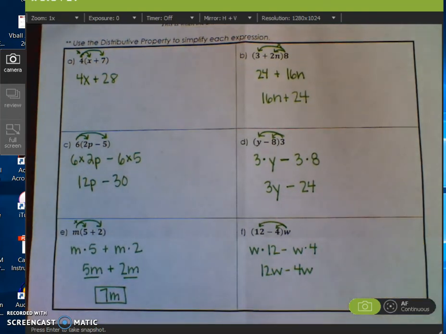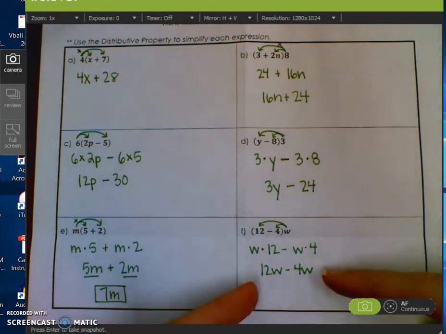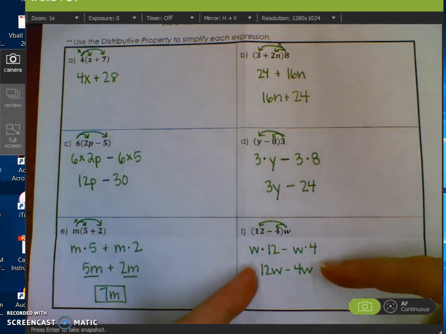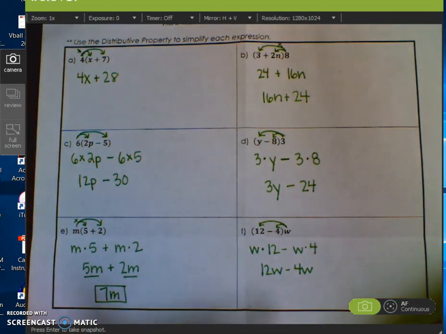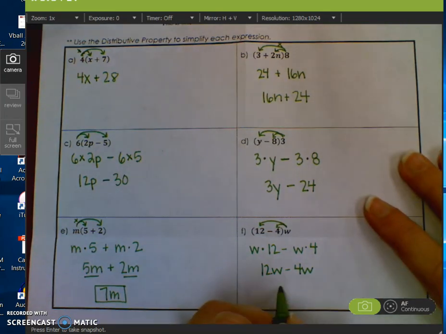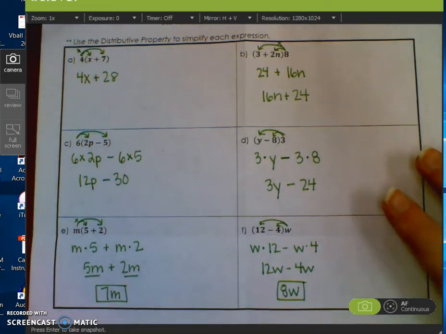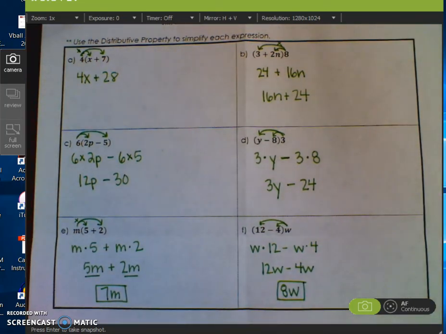Again, because these two things are like terms, they both have the same variable with the same exponent, we can go one more step. So if you got to this step, you understood distributive property. If you understand the next step, you understand how to use distributive property and combining like terms to simplify things even more. Because 12 minus 4 is 8, and so I have 8W here as my simplest form of that answer.